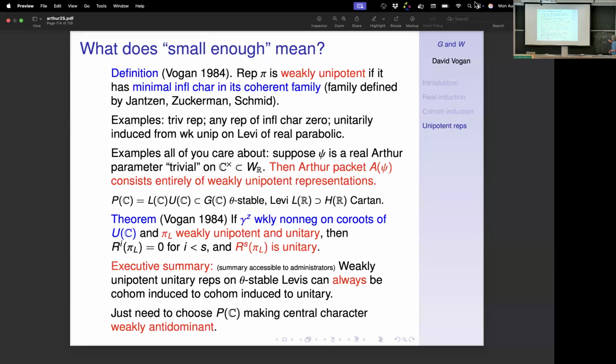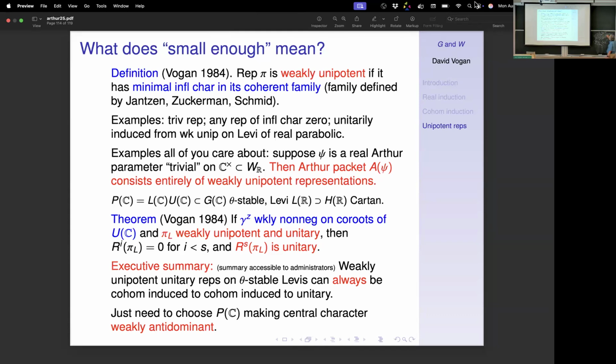This is the kind of picture, and down here you have a unipotent representation, by Arthur's work there, and here you can do cohomological induction, and here you can do real parabolic induction, or you can go the other order, real induction, and then cohomological induction.